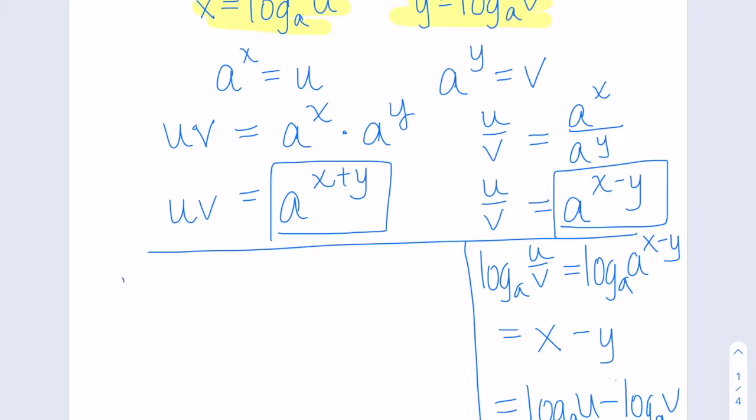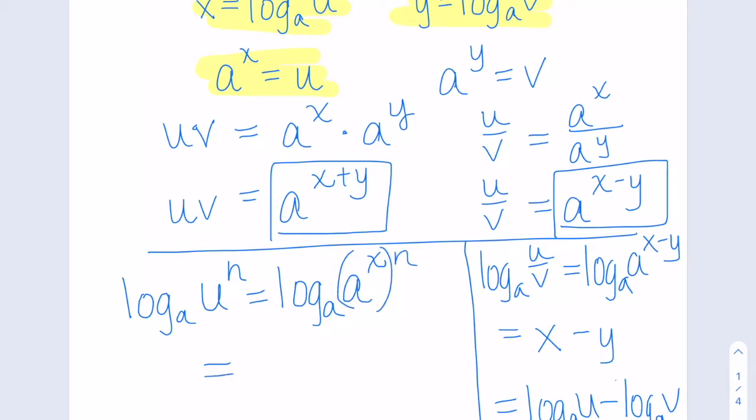So if we have log base a of u to the n, well, that's going to be written as log base a, and we know that our u, which is up here, is a to the x. So this is going to simplify to a to the x raised to the n.